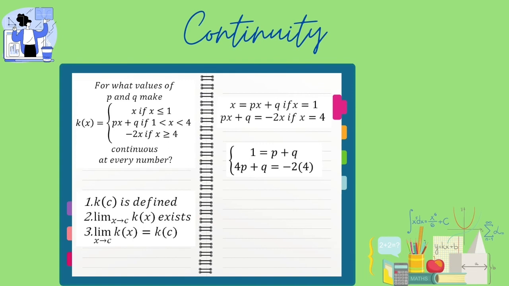Solving the system of equations, we obtain p equals negative 3 and q equals 4.